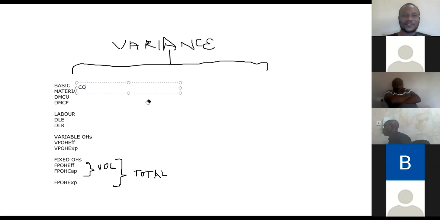Okay, so our basic now is costs. We're looking at costs versus sales.